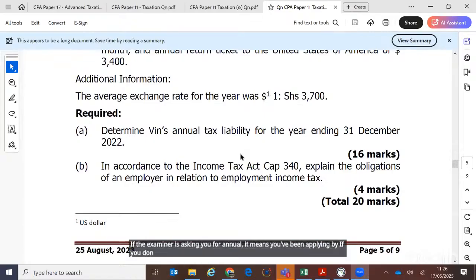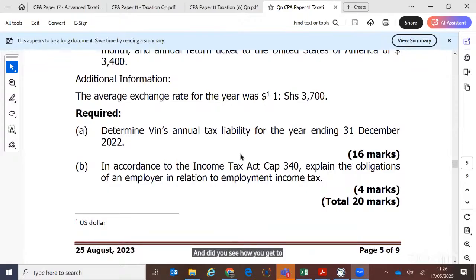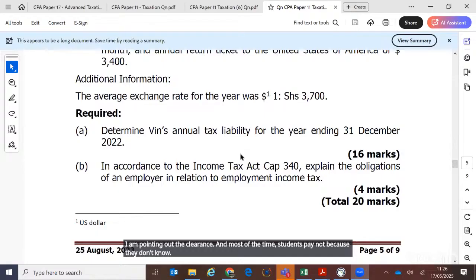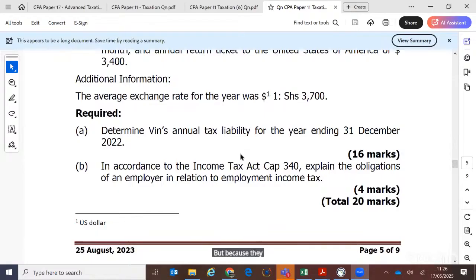If you don't multiply by 12 yet they have asked you for annual, you'll be calculating a number on a monthly basis, yet the examiner wants annual. And do you see how you get 0? I am pointing out the killers. Most of the time, students fail not because they don't know, but because they have not read the question properly.